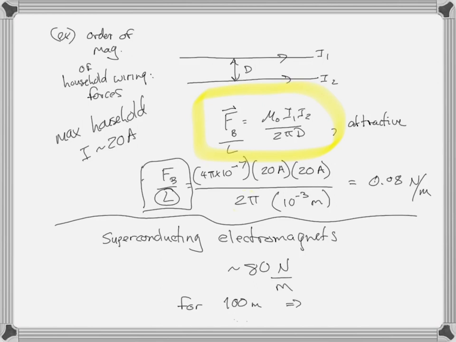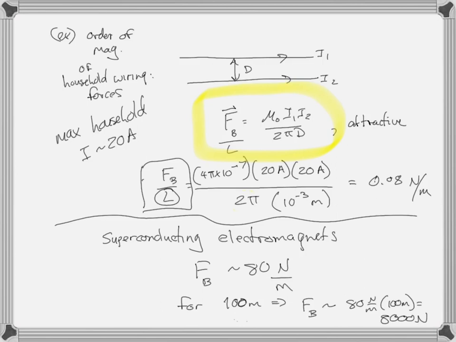For 100 meters, it's 80 newtons per meter times 100 meters, which equals 8,000 newtons of force between the wires, essentially. I weigh about 700 newtons, so that's like 1,000 pounds of force. That's a lot of force.